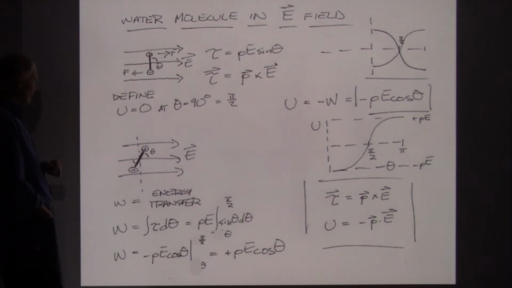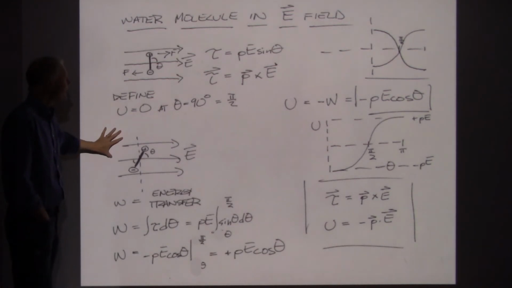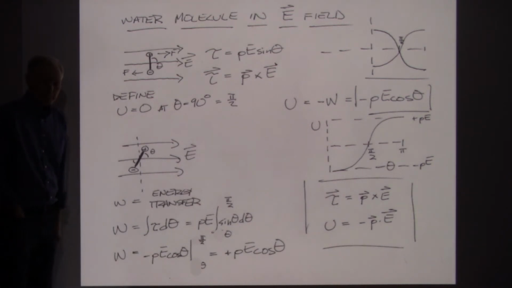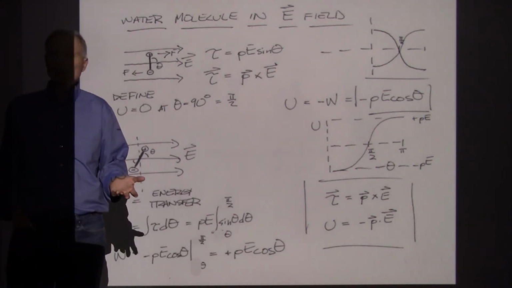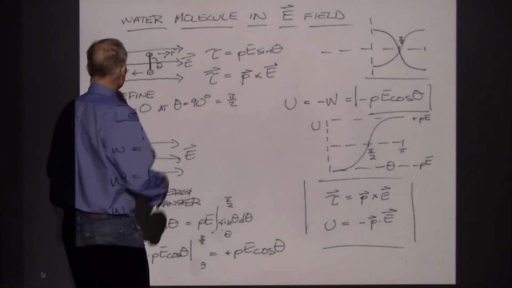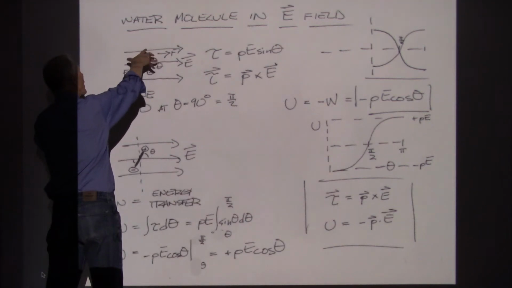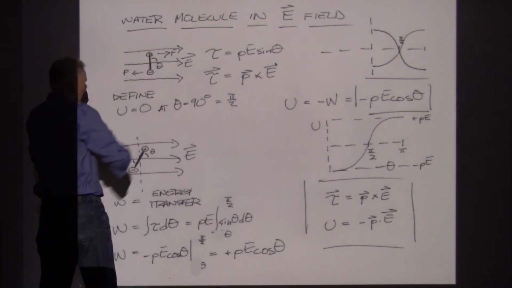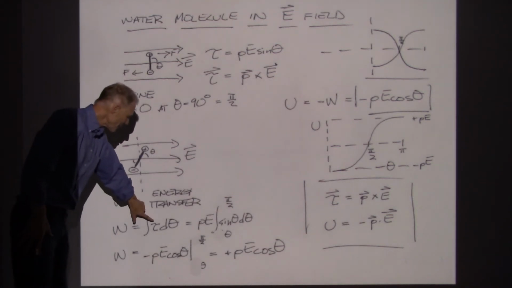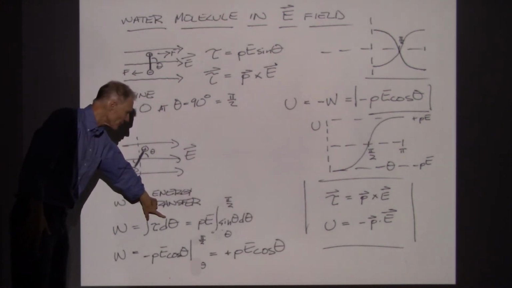And then what they wanted us to do was to calculate how potential energy would be affected. So that means that you can wind up these molecules in one orientation and store some potential energy, and we did that by taking the torque and integrating over the distance.